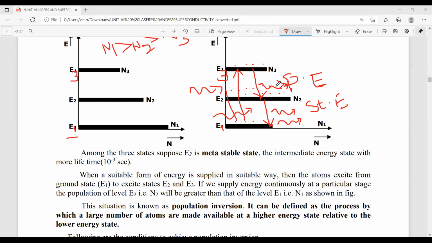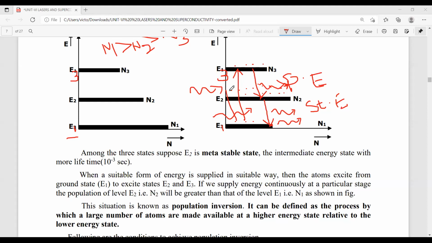So automatically this energy state is called the metastable state. At this state, when we give some extra energy to these atoms, they jump from the E2 energy level to E1, emitting 2 photons of energy.